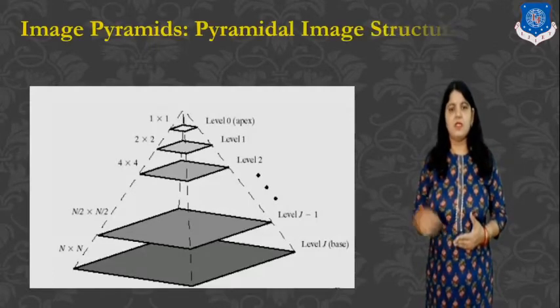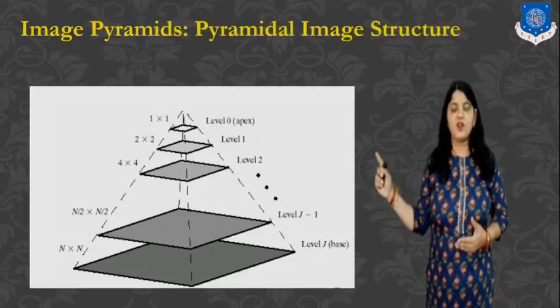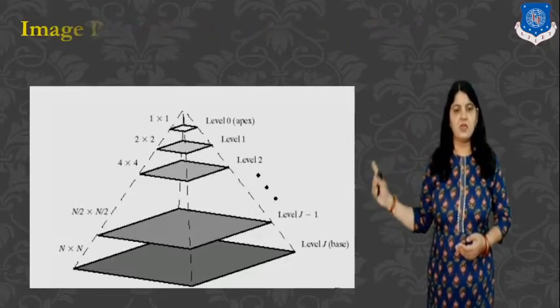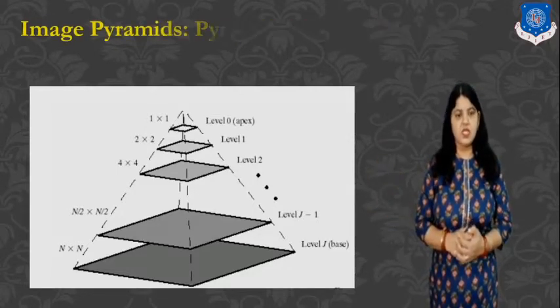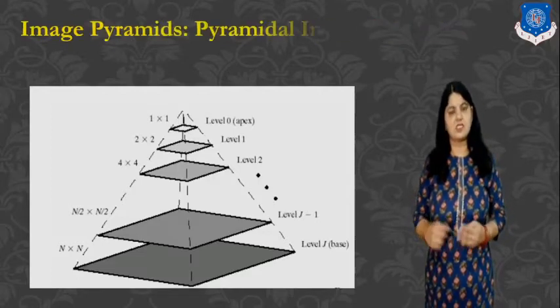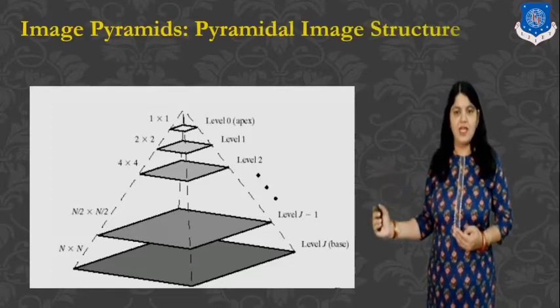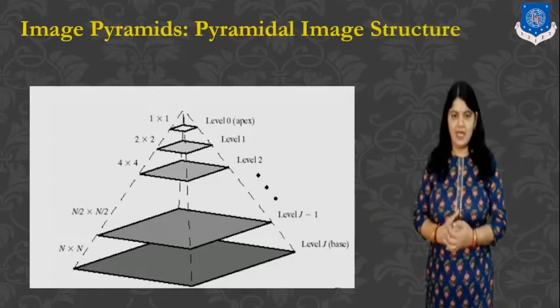Now this is the structure of the various resolutions, and it is known as the image pyramid. Here the structure consists of 1 by 1, 2 by 2, 4 by 4 elements, N by 2 elements and N by N elements.